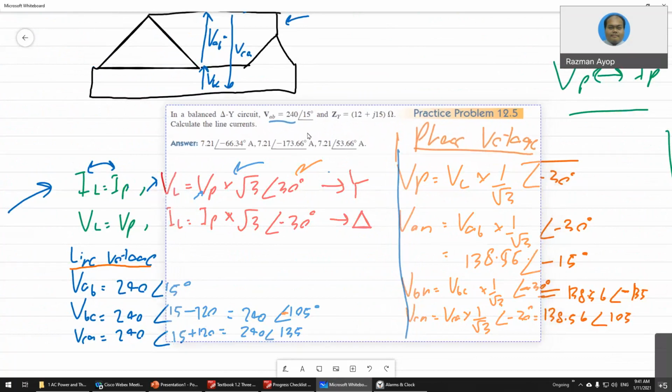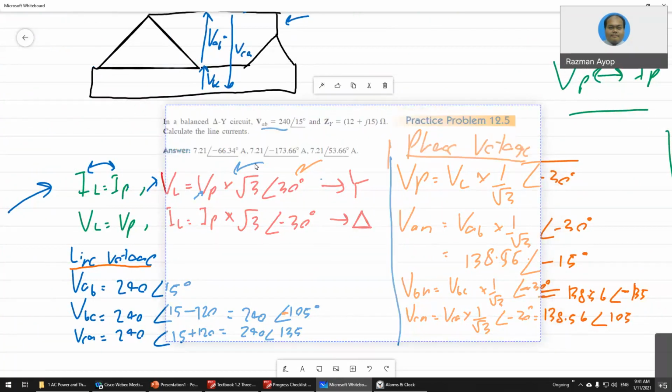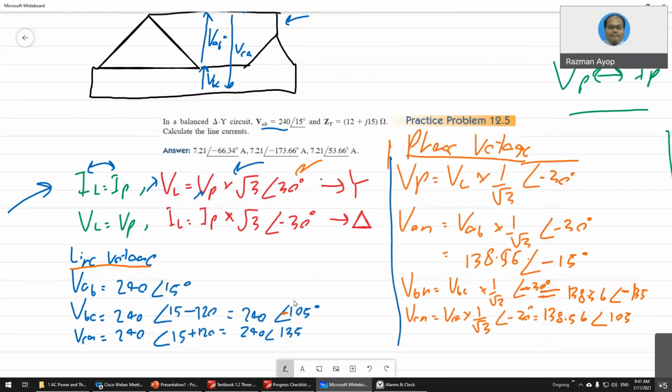So the angle here is 120 degrees apart. For this one, I'm not sure. 173.66 minus 66.34.